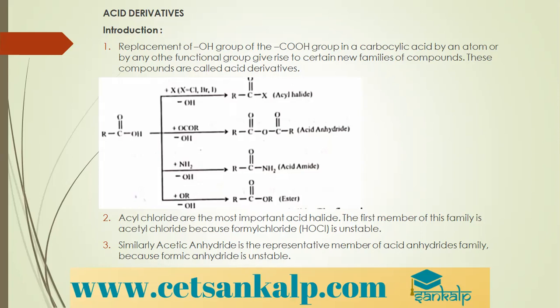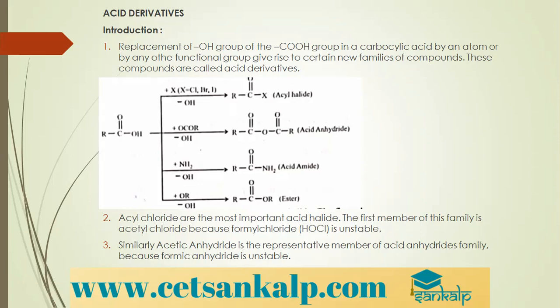If you replace it by NH2, we get acid amides. If you replace it by OR, that is alkoxy group, then it is ester. All these, acid chlorides, which you can call acyl chlorides or acyl halides, acid anhydrides, acid amides, and esters are nothing but acid derivatives.